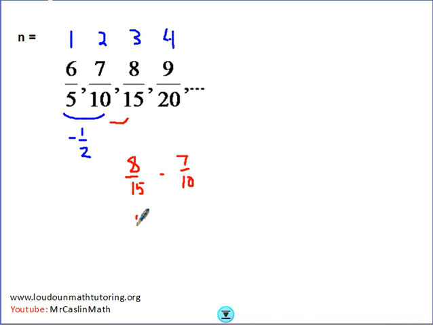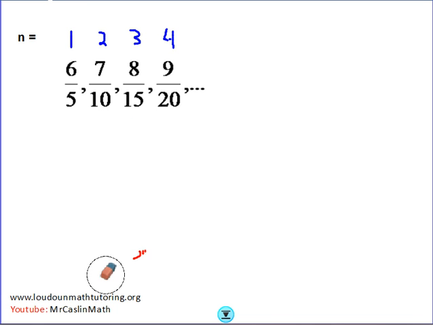So you'd have 16 over 30 minus 21 over 30, which gives you a negative 5 over 30. Both the numerator and denominator have a common factor of 5. So basically the common difference here is negative 1/6. So not an arithmetic sequence. They do not have a common difference between those consecutive numbers.